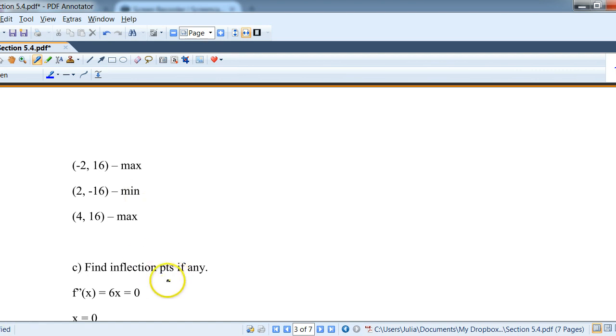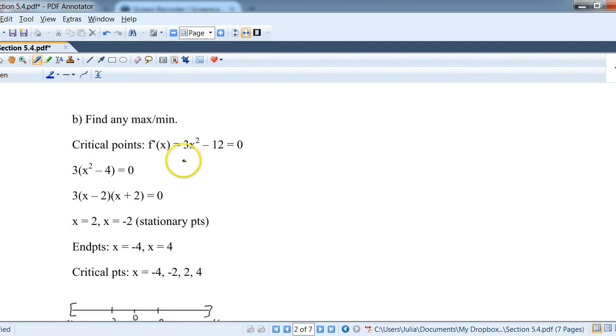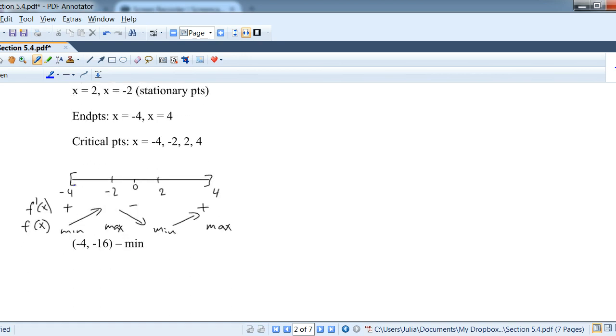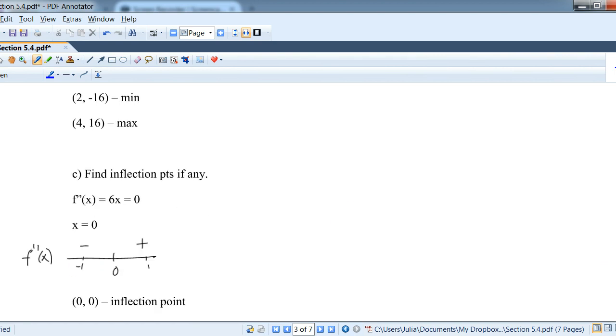Okay, now on to inflection points. If we take the derivative of the first derivative, which was, if I recall correctly, 3x squared minus 12, we'll just get 6x. And we set that equal to 0. If we divide by 6, we get x equals 0. We must plot that on the number line.